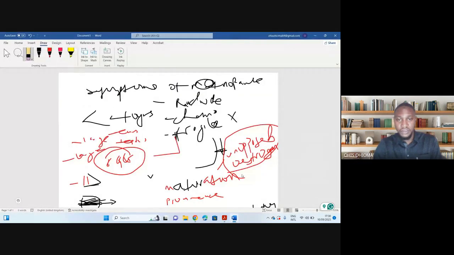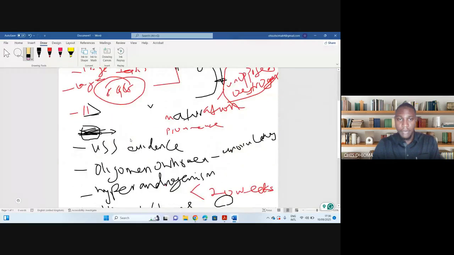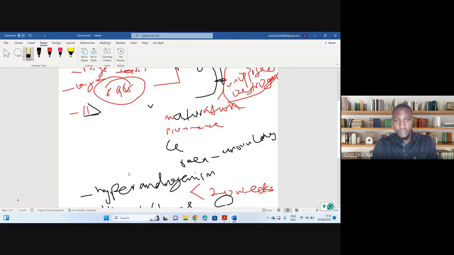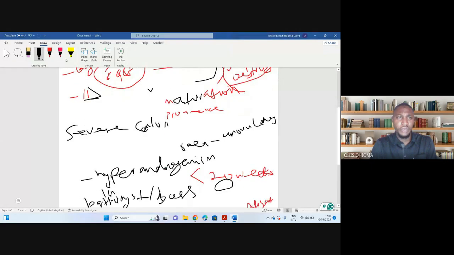So what you have in functional hypothalamic amenorrhea is that the patient usually has severe calorie restriction. So it's found in female athletes, or generally, I don't know, even women who are present here.